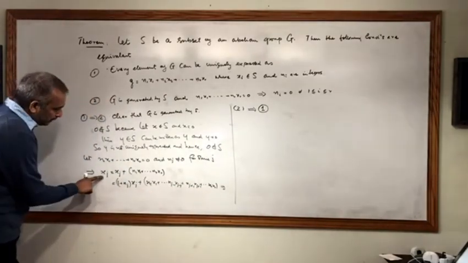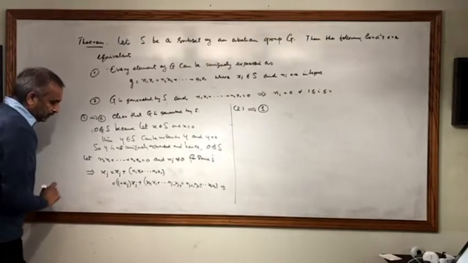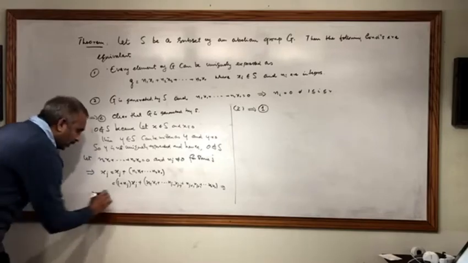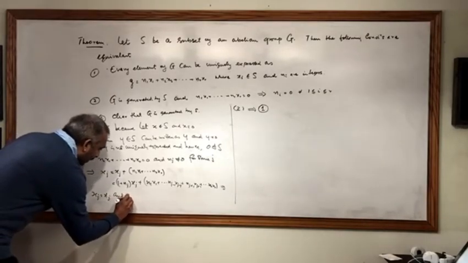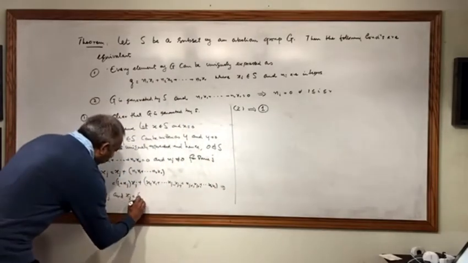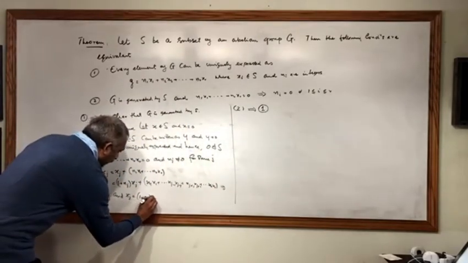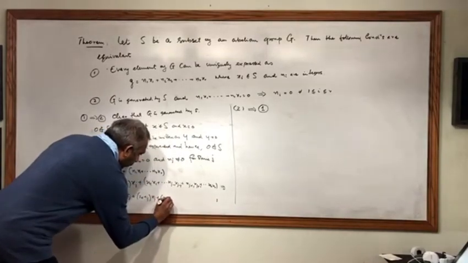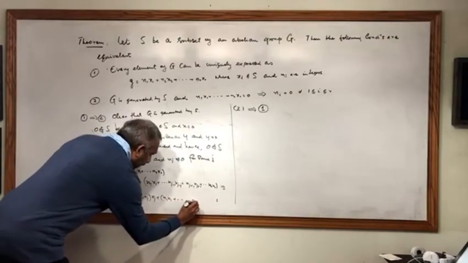So we are expressing xj two ways. xj is equal to xj, and xj is equal to this form (1 plus nj)xj plus n1x1 plus ... plus nrxr.